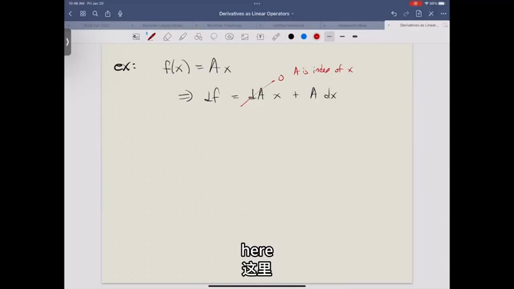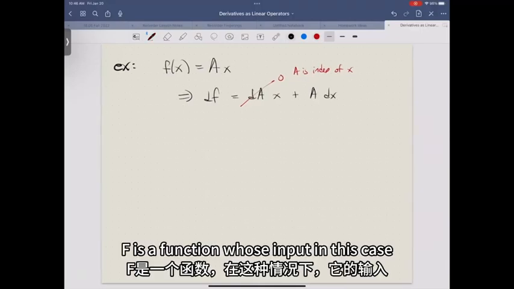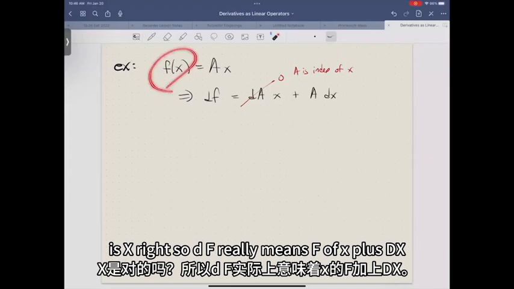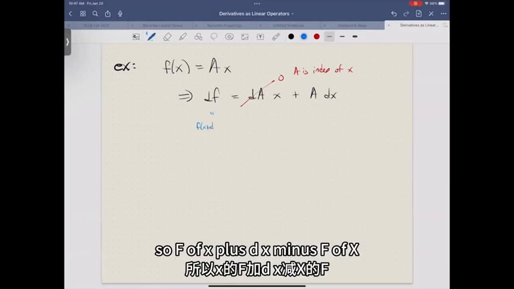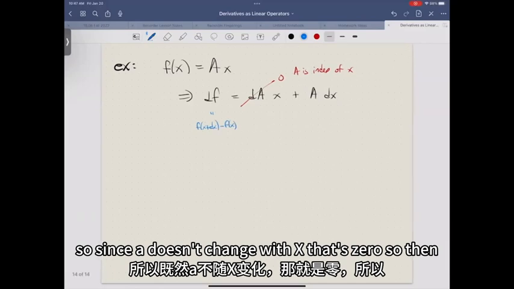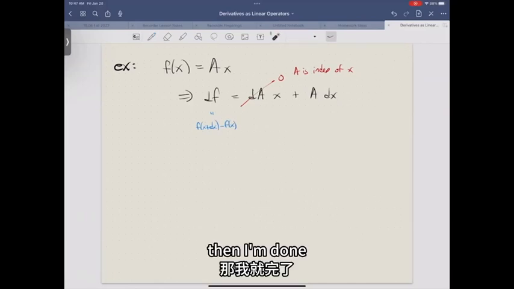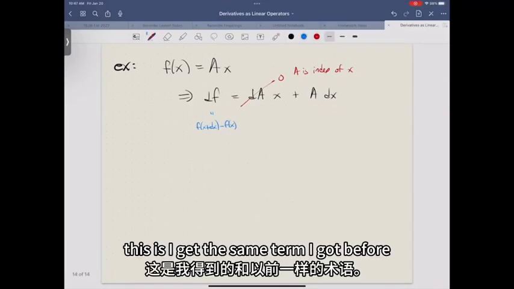Here f is a function whose input in this case is x, so df really means f(x plus dx) minus f(x). Since A doesn't change with x, that's 0. So then I'm done. I get the same term I got before.